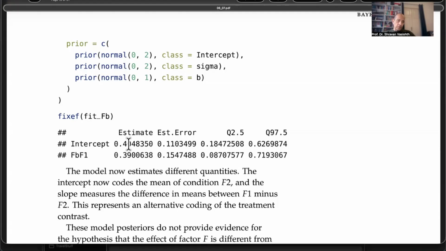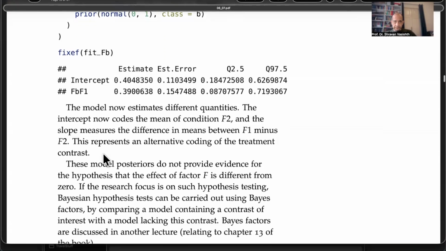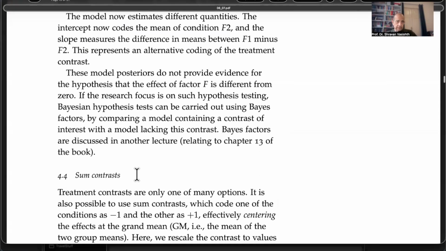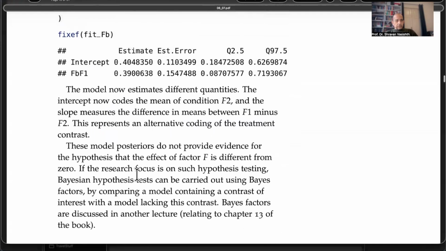So therefore 0.4 plus 0.4 gives you 0.8, which is the F1 level's true mean, actually, right? So that was the treatment contrast coding.